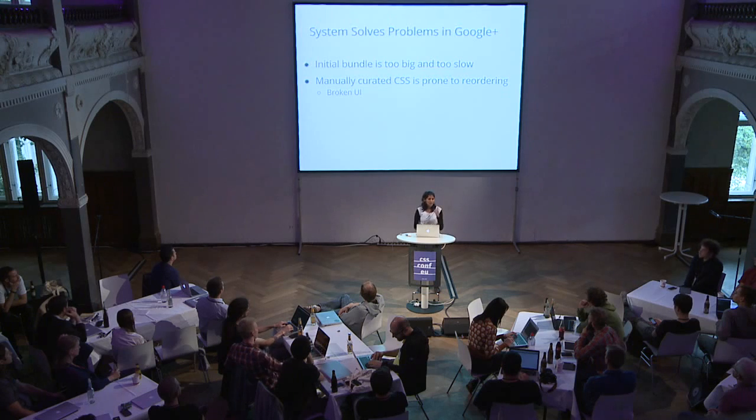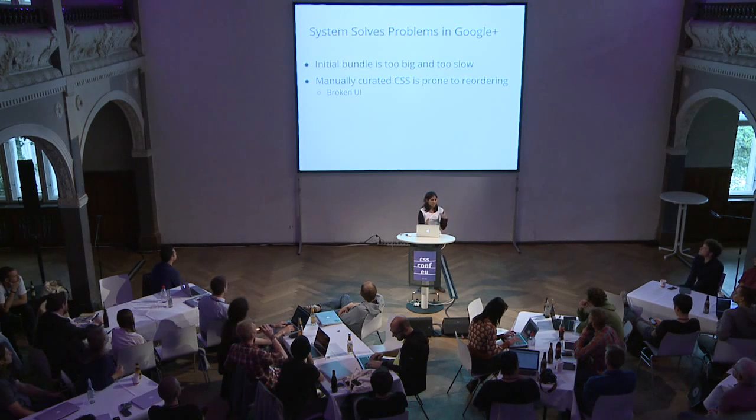So now there is no question of home page styles overriding the community page styles, because all of their common dependencies have already been downloaded. So in summary, this system is solving both of our original problems. We are solving the problem that our initial bundle is really big and slow, and that we have manually curated CSS that can get reordered and break our UI.